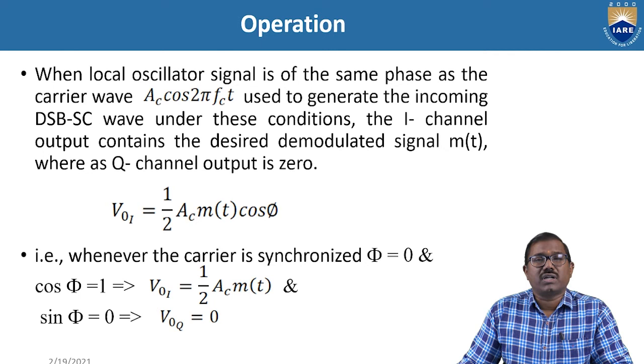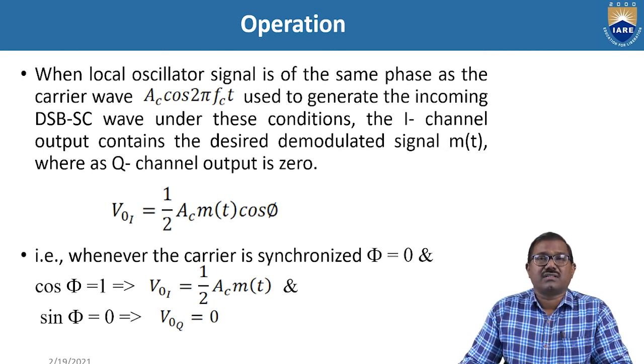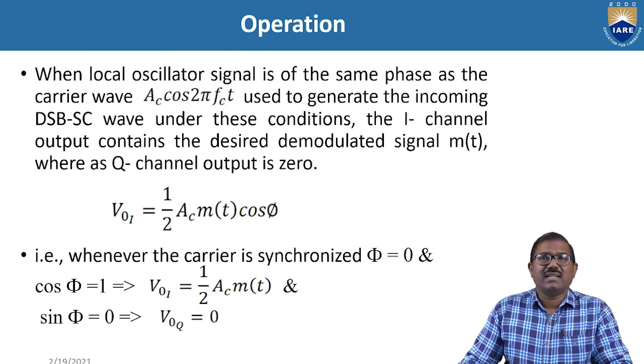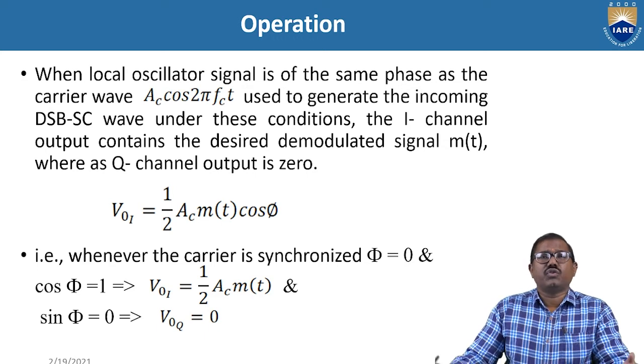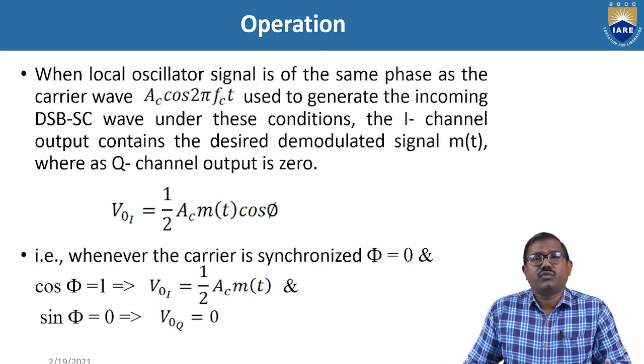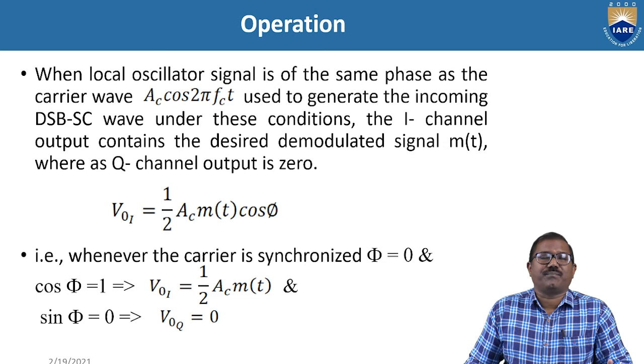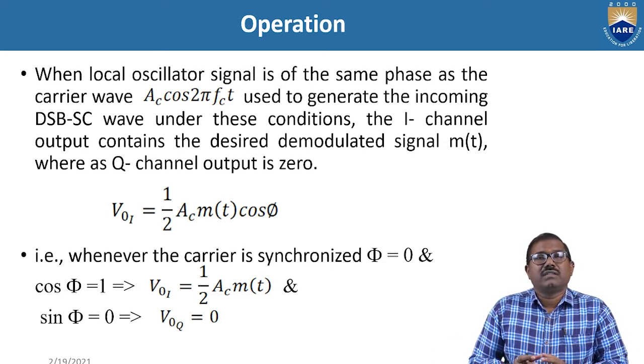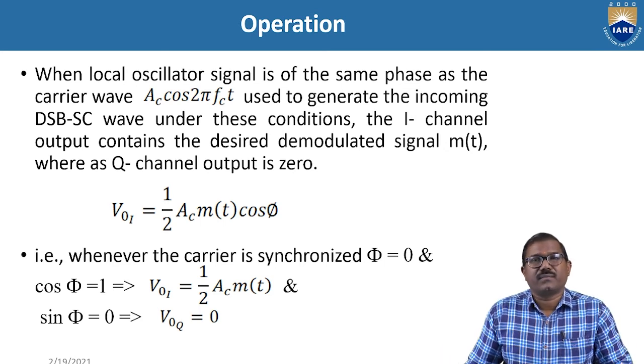The output of the in-phase channel is 1/2 Ac m of t cos phi, which is actually what you get in the coherent detector also. Why? This Costas loop is nothing but the combination of two coherent detectors.